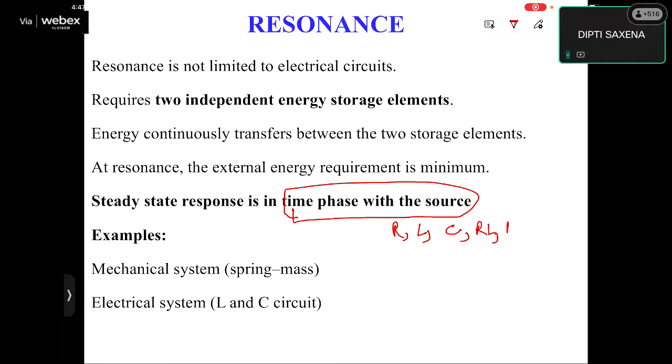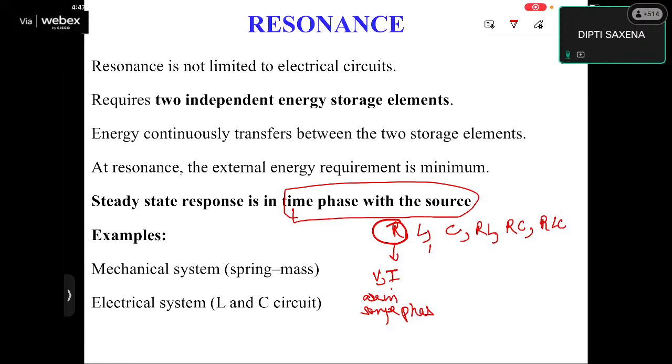In a similar manner, we can study RC circuit. We have seen the analysis of RL circuit. So in R circuit, both voltage and current are in the same phase. That is, at resonance, your circuit will behave like a resistive circuit, that is, your source and response will be in the same phase.